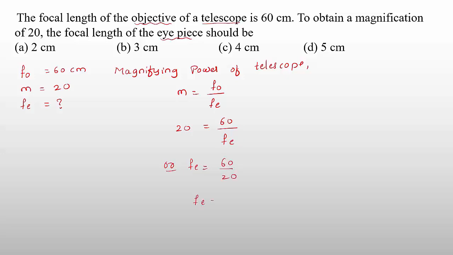So 60 by 20 is 3 centimeter. So the focal length of the eyepiece is 3 centimeter. Remember, the focal length of the eyepiece is always smaller than the focal length of the objective lens, because the aperture of the objective lens is greater than the eyepiece in the telescope. So the focal length of the eyepiece is 3 centimeter, that is option B.